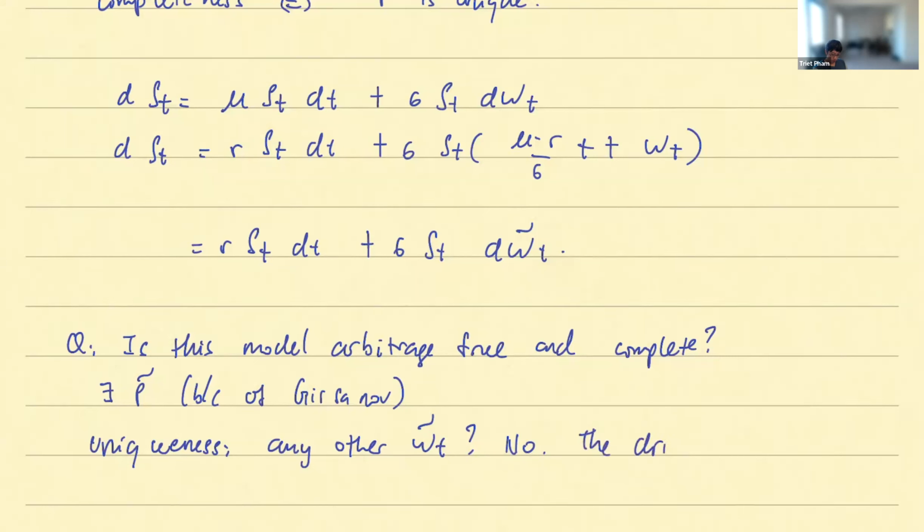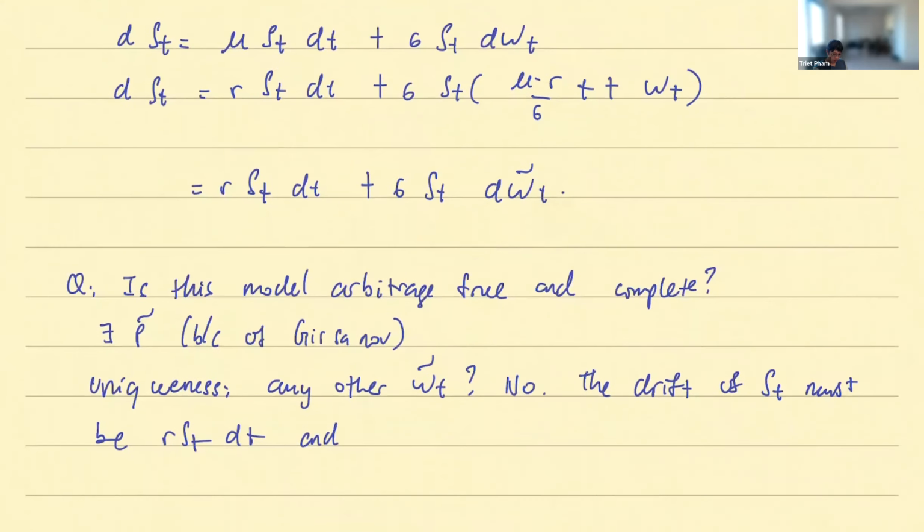The drift of S_t must be R S_t dt. So basically, the way you look at it is like this. You require this.